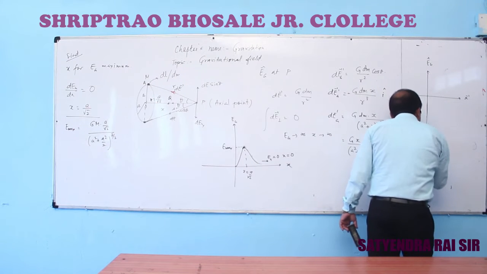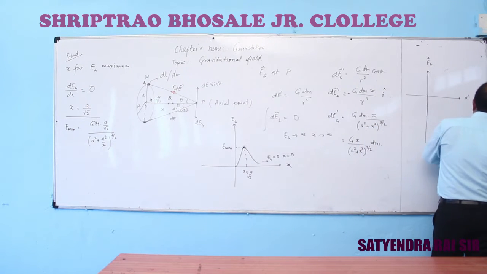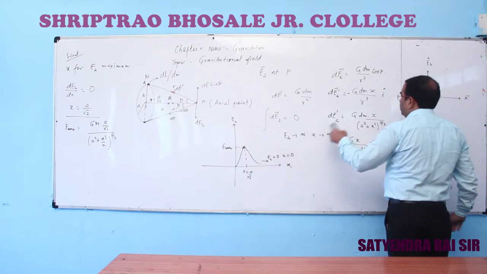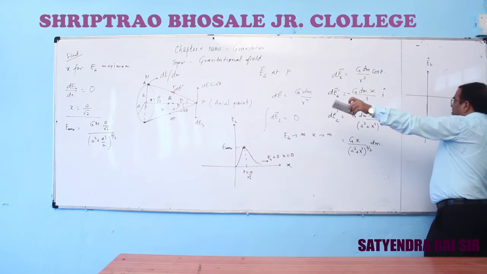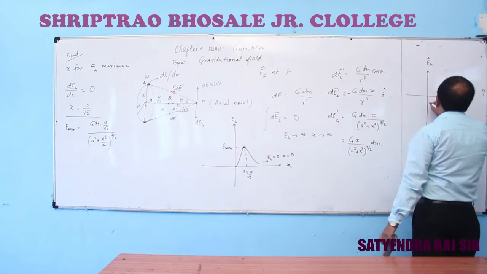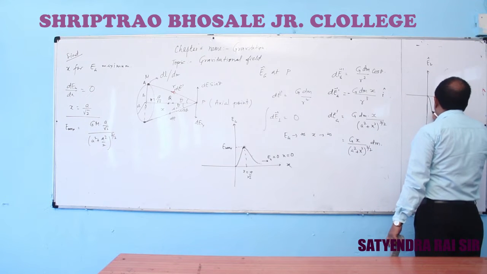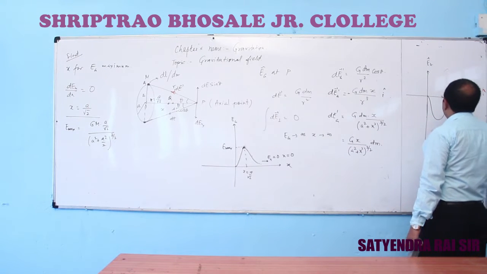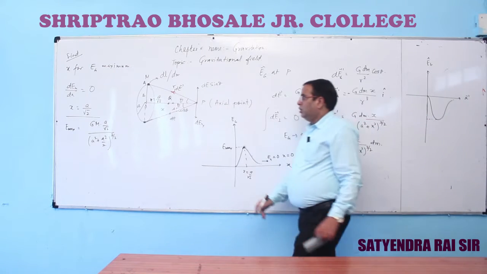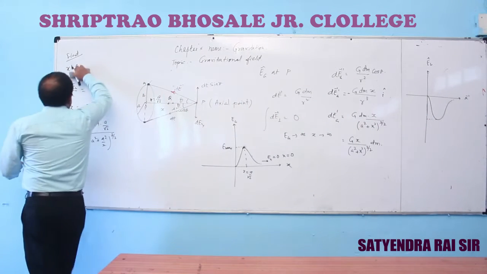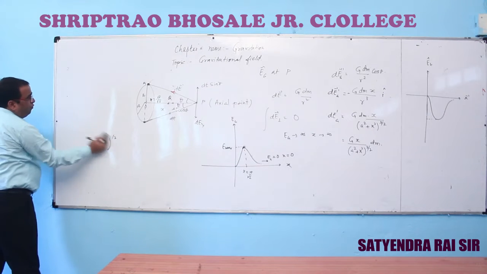In that case, obviously, since Eg is towards negative x axis, negative i cap, this graph must be plotted like this, where it should be negative and this is the minus of this. That is the case of calculating E for a ring.